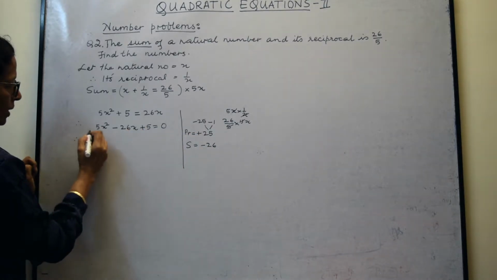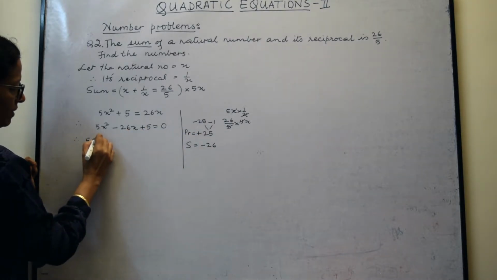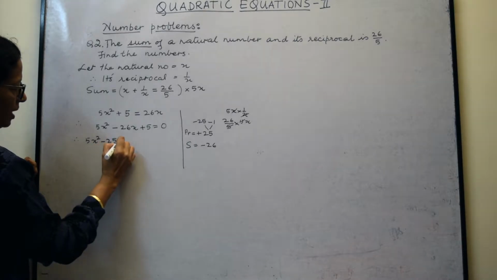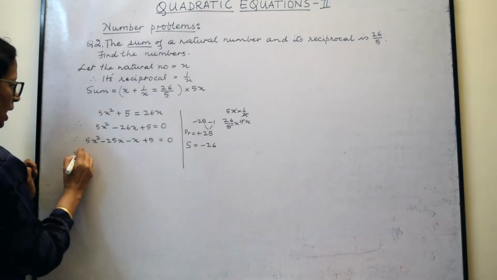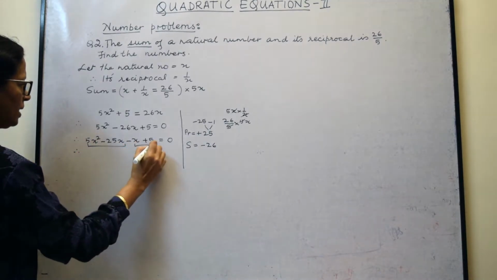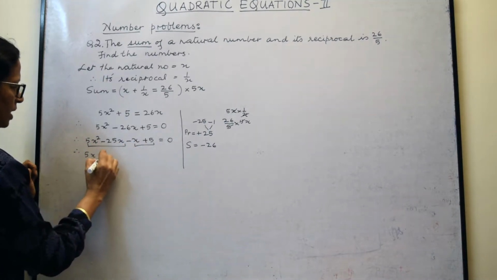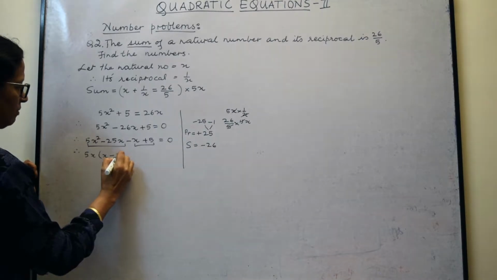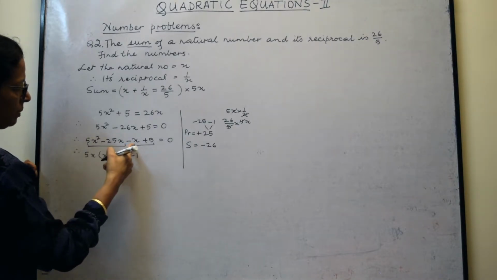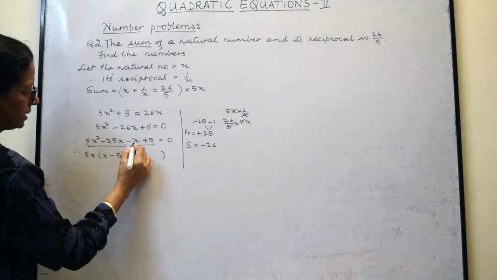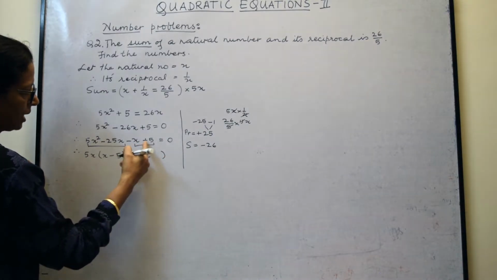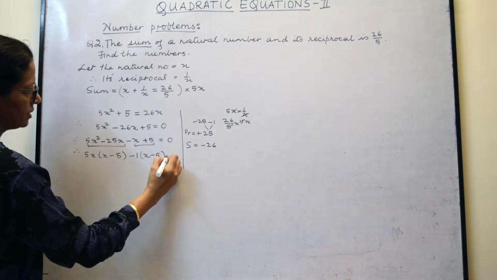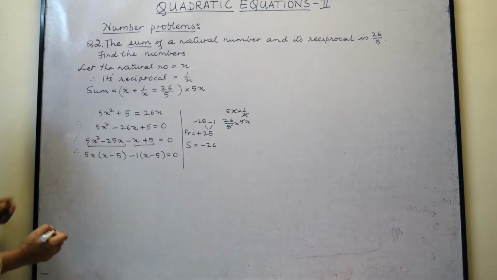So we continue with our next step ahead. 5x squared minus 25x minus x plus 5 equal to 0. And now you know you will do the grouping. This is very simple. 5x into bracket x minus 5. And here minus 1 will be common, so inside the signs are going to change. So it will become positive x, and this is going to become minus 5, and that is equal to 0.